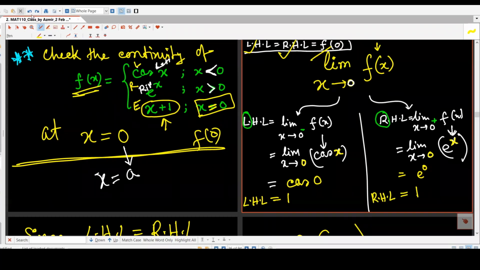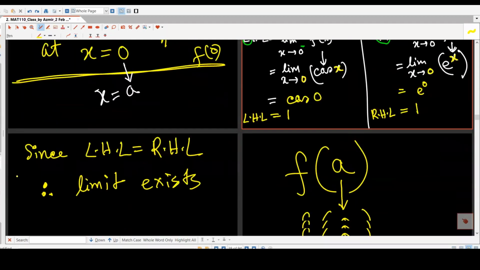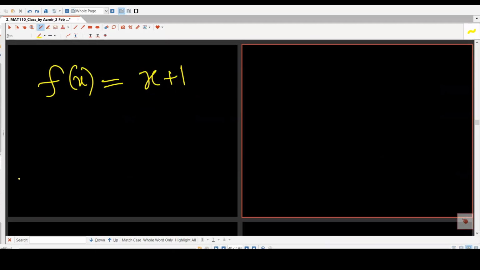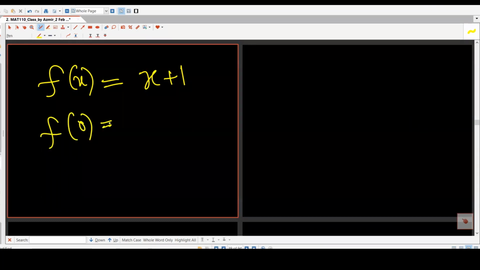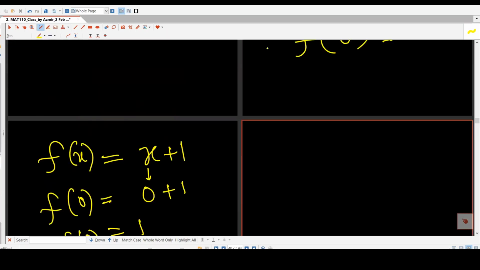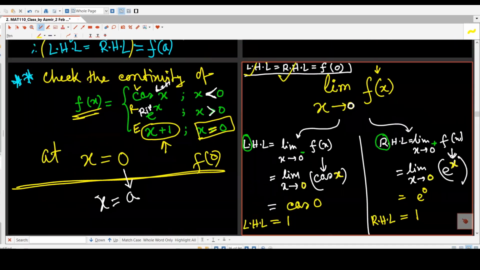Just like leftward and rightward functions, we also have to choose which function is the equal function. In this function, we have to input 0. So 0 plus 1, f of 0 is also 1. So all three conditions are satisfied.